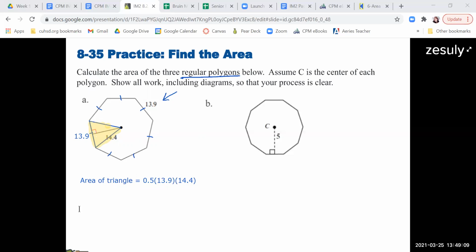So that equals a number, which I will find in just a moment. 100.08 square units.